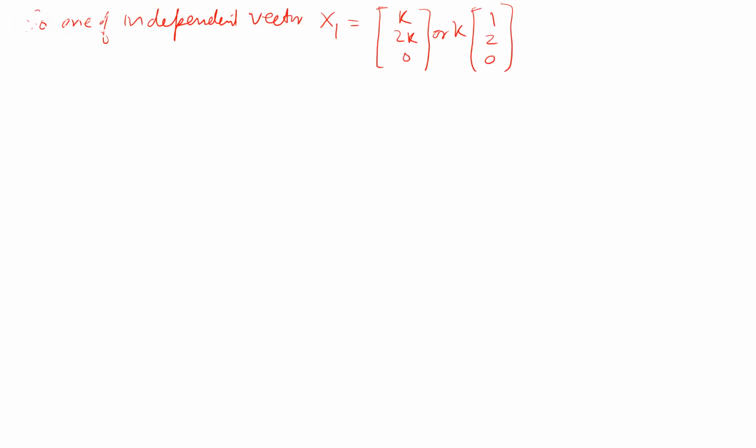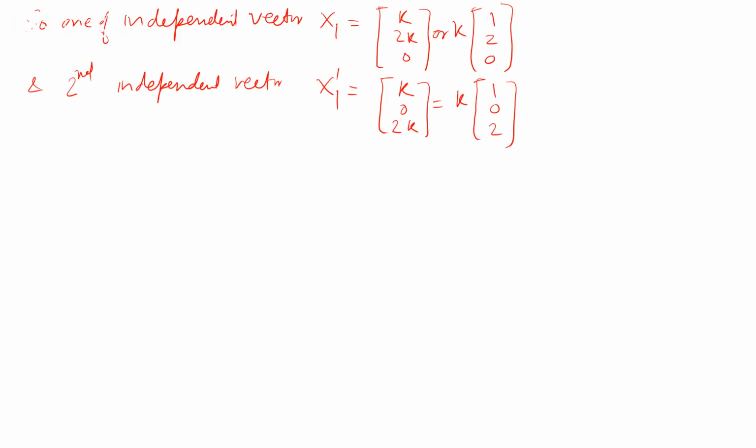And the second independent vector we obtain corresponding to lambda equal to minus 1 is k, 0, 2k, that is 1, 0, 2. So x1 and x1 dash are two linearly independent vectors for lambda equal to minus 1.